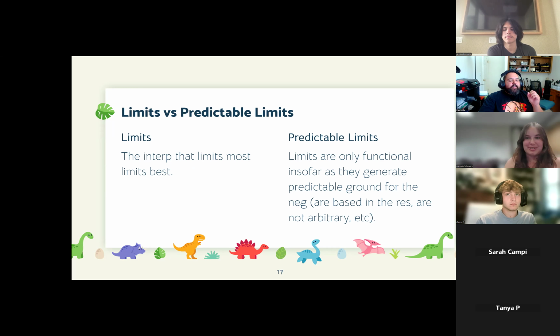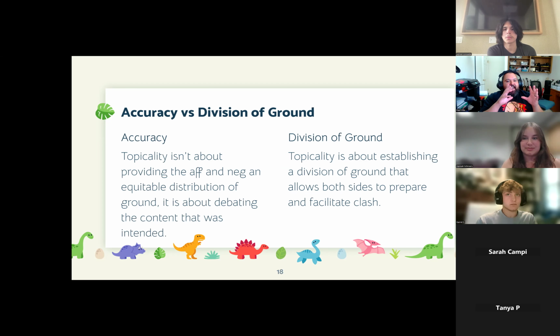Next, this or that. Accuracy versus division of ground. Todd Graham and I think Brandon Merrill from SIU wrote a paper on this that you can still find on the old NPDA journal. But they argued that topicality is not about division of ground. It's actually about accuracy. I.e., topicality isn't about providing the af and neg an equitable distribution of ground. It's about debating the content that was intended.